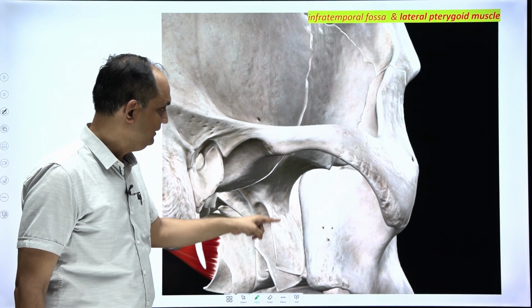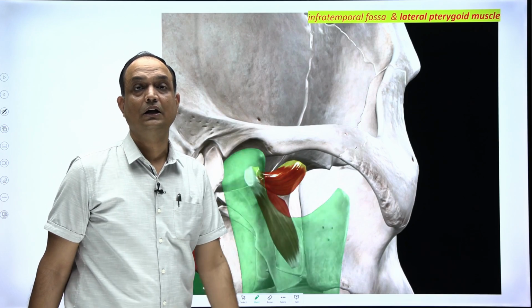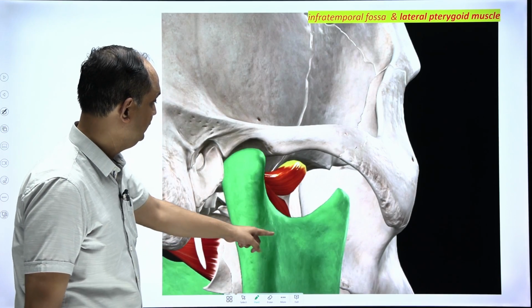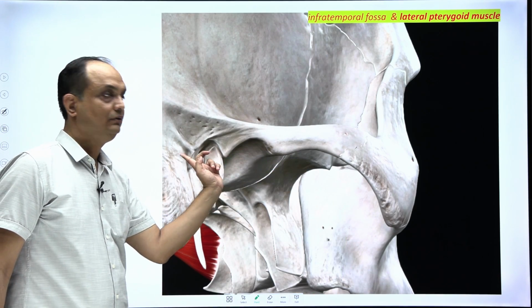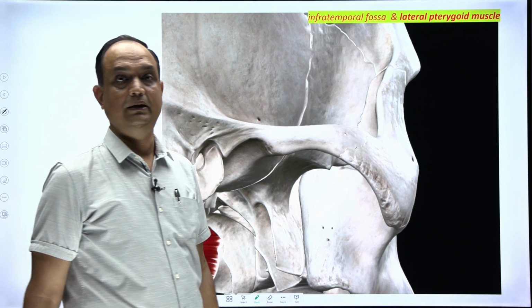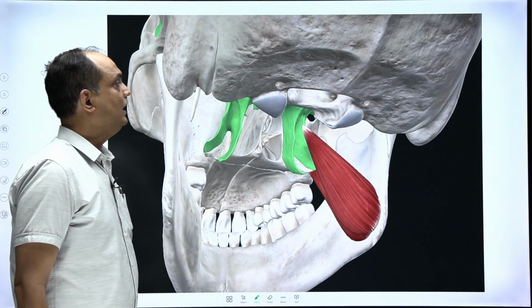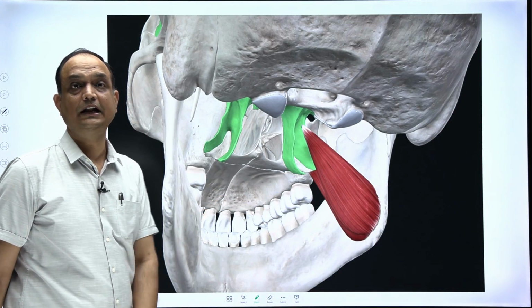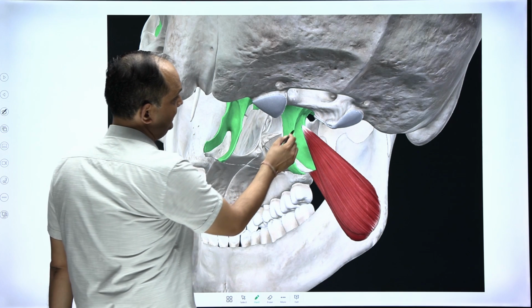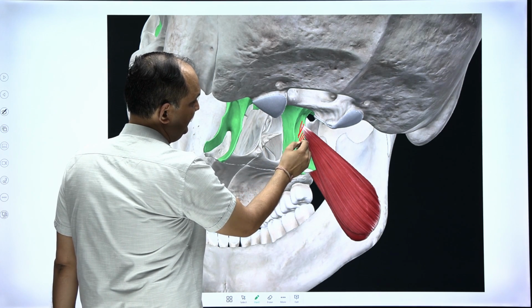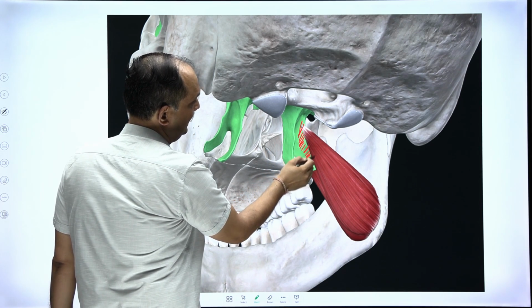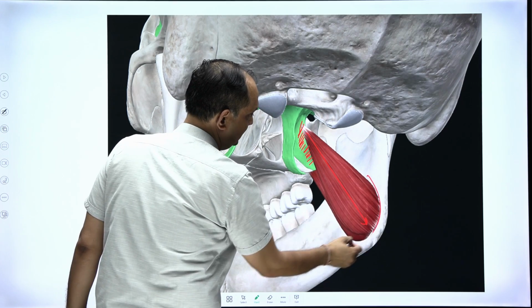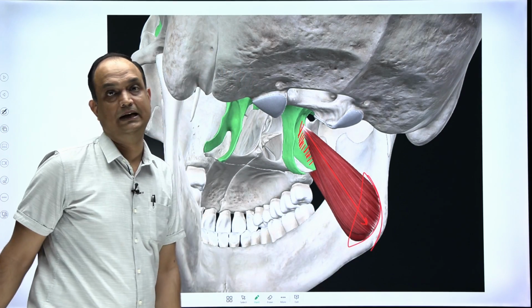This lateral pterygoid plate is for the lower head of the lateral pterygoid muscle, which is going back to insert into the head of the mandible in the pterygoid fovea. Now, this is the medial pterygoid. Here you can see that the medial pterygoid is coming from this medial surface of the lateral plate, and it is going to insert on the inner side of the angle of the mandible.